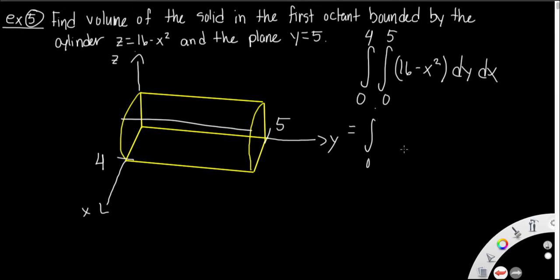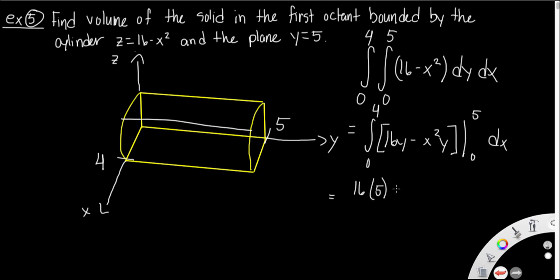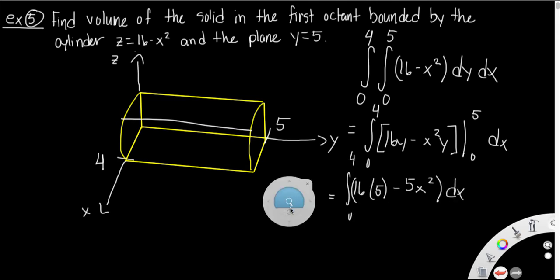The antiderivative of 16 minus x squared with respect to y becomes the integral from 0 to 4 of 16y minus x squared y, evaluated from 0 to 5, dx. Plugging in our bounds, we'll get 16 times 5 minus 5x squared, an integral from 0 to 4 dx.